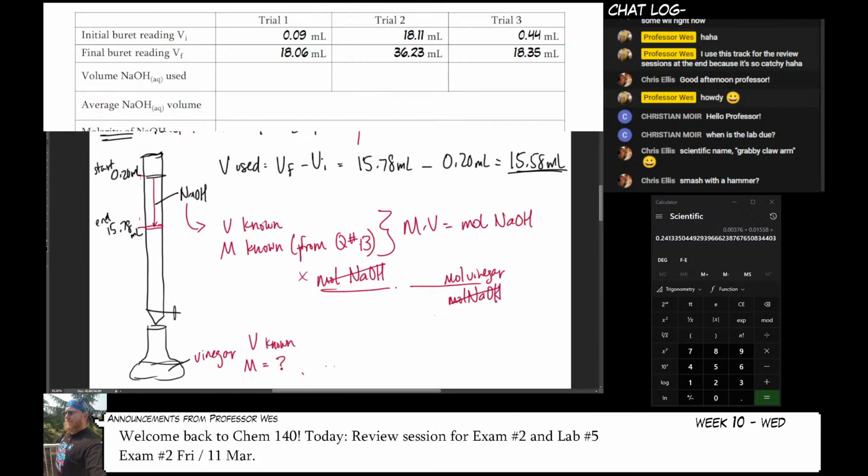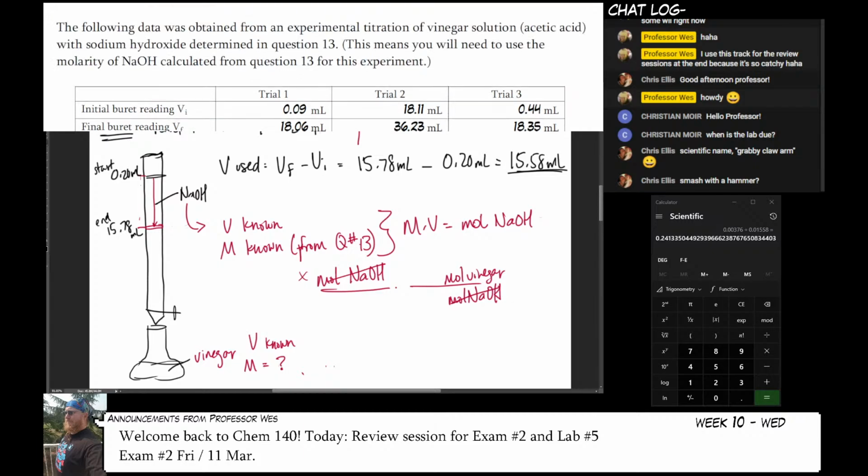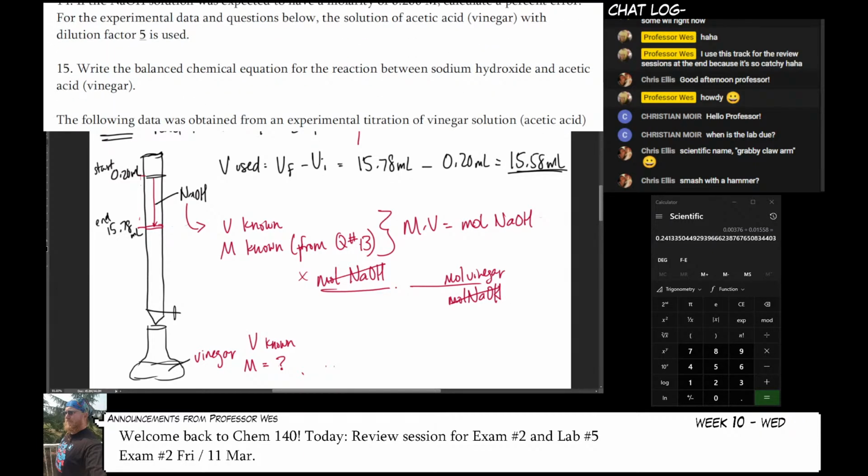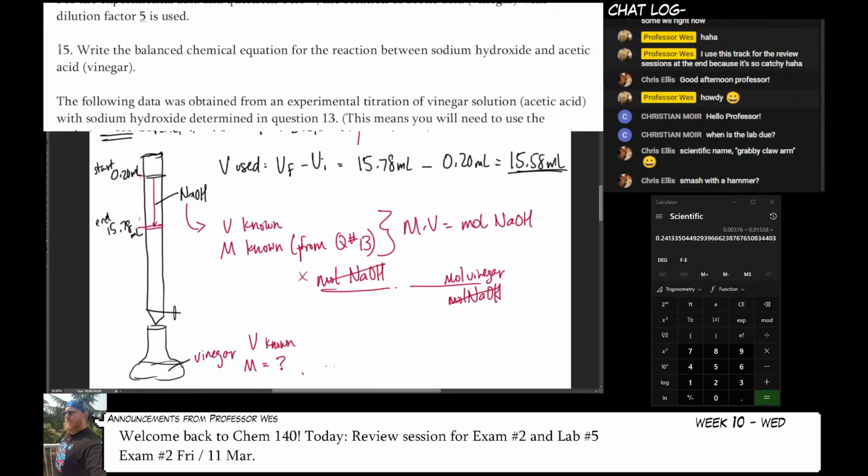Now, there's an issue here in that I don't give you the balanced equation, do I? So the first thing that you need to do is this question right here, number 15. Write the balanced chemical equation between sodium hydroxide and acetic acid. What's acetic acid? Well, you know what that is because you know how to name acids, right? We did that in Unit 11. So write out the formula for acetic acid and then predict the products of that reaction.